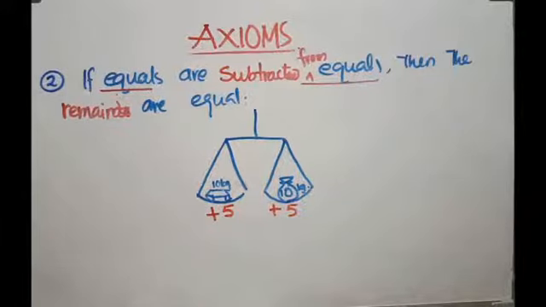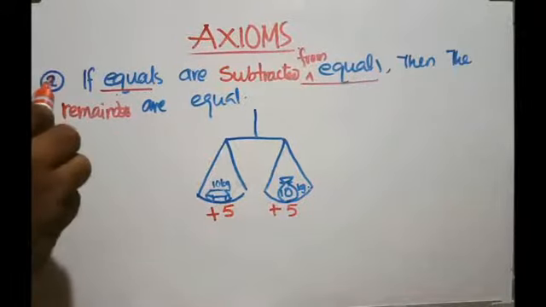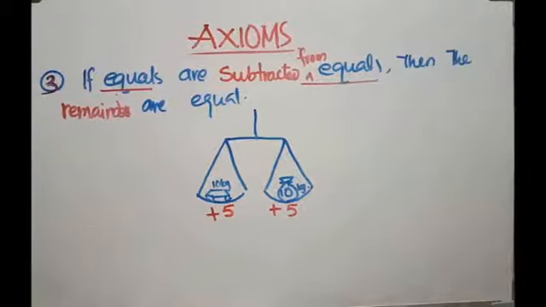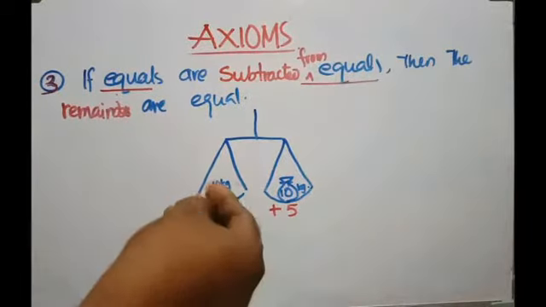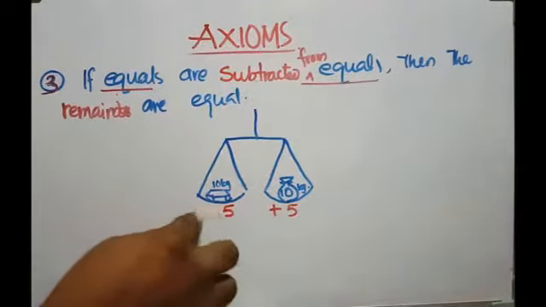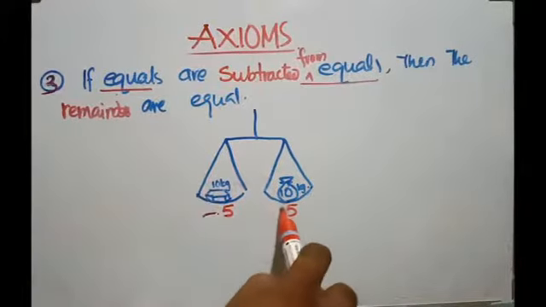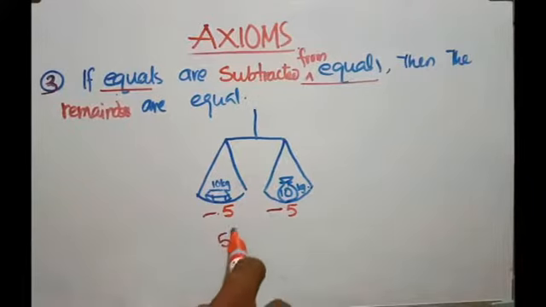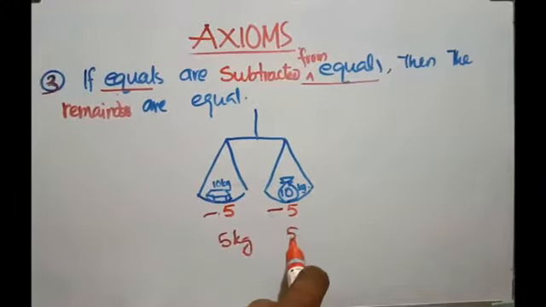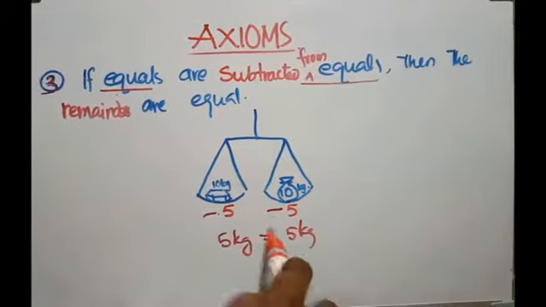This is the third axiom. That means from this 10 kg, if you subtract 5 kg from both sides, from both pans, the resultant answer will also be equal. That is meant by the third axiom.